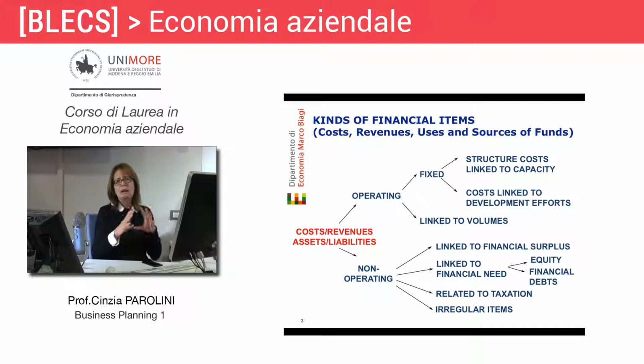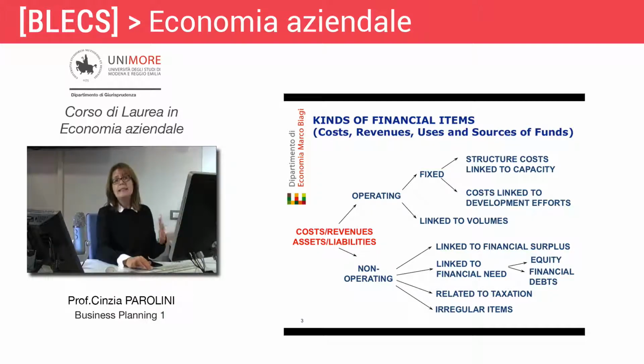So this kind of costs have to be kept separated from the other, as they are linked to the future. We can also call this group of costs development costs, because they are linked to the future, not to our present capacity and production.